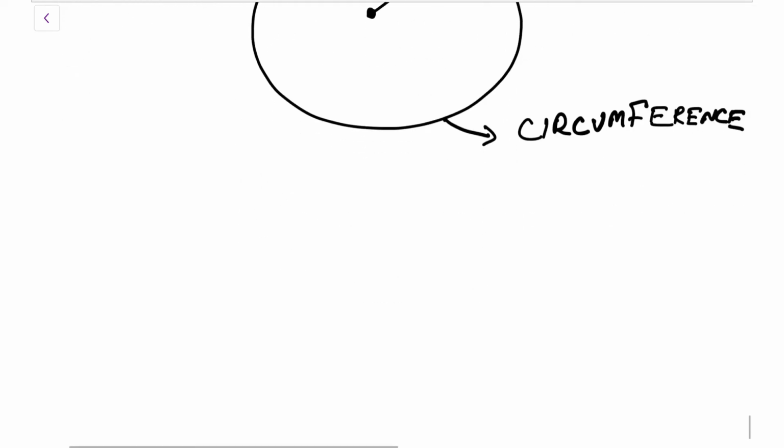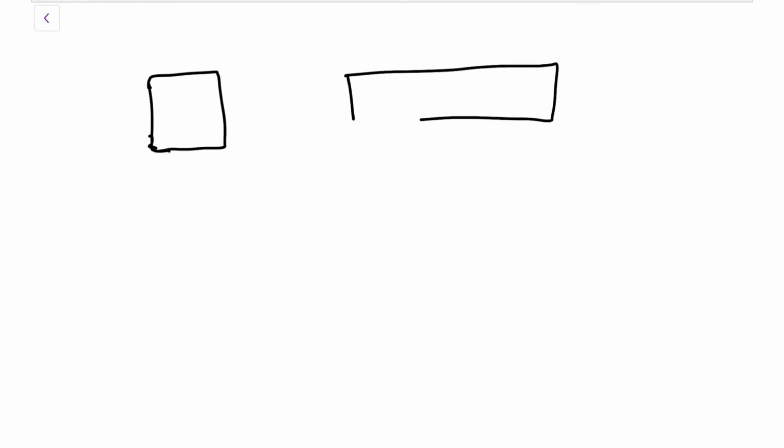Now for a square or a rectangle, the length of the outer boundary, that means the length of this whole boundary, if you measure the total length, that is called a perimeter.